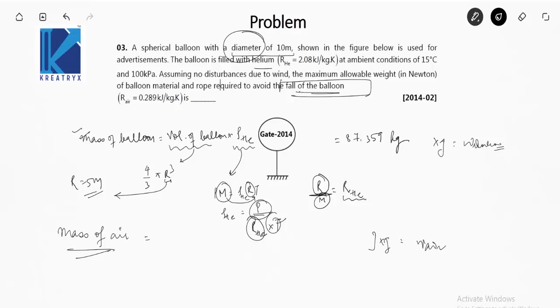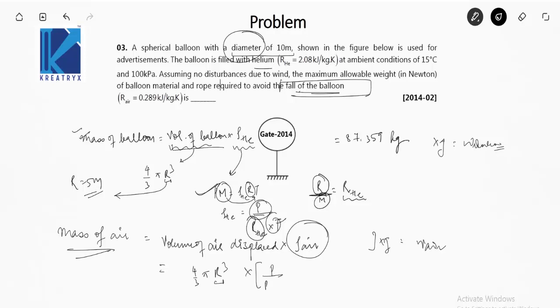So what is the mass of air? Mass of air will be the volume of air displaced into the density of air. Similarly, the volume of air will be 4 by 3 pi r cube, where r is given as 5 meter for the sphere. How will you calculate the density of air? Again applying the ideal gas formula, you get P by R air into T. Put the values.